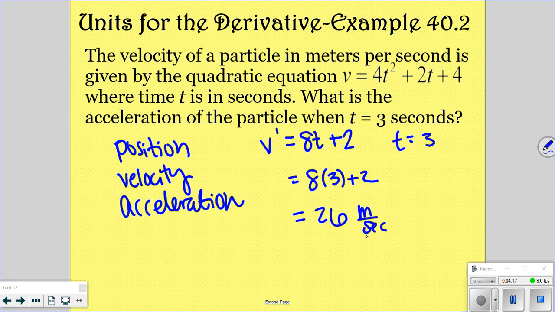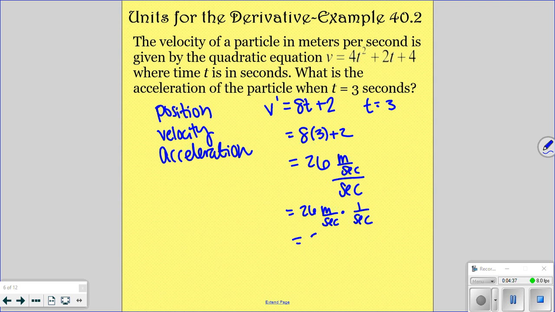And then acceleration is in seconds. So meters per second divided by second. Well, meters per second, instead of dividing by second, we can multiply by 1 over second. And so that gives you 26 meters per second squared for your answer.